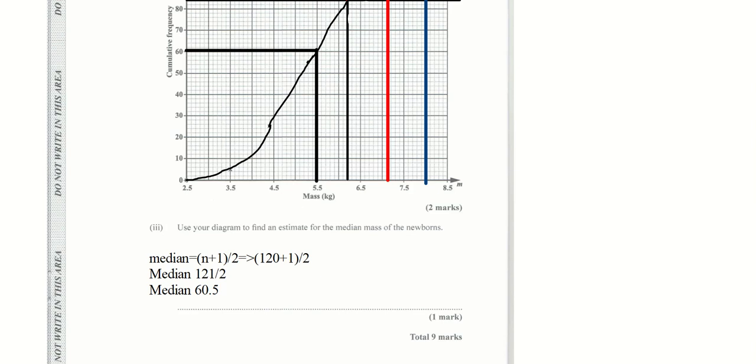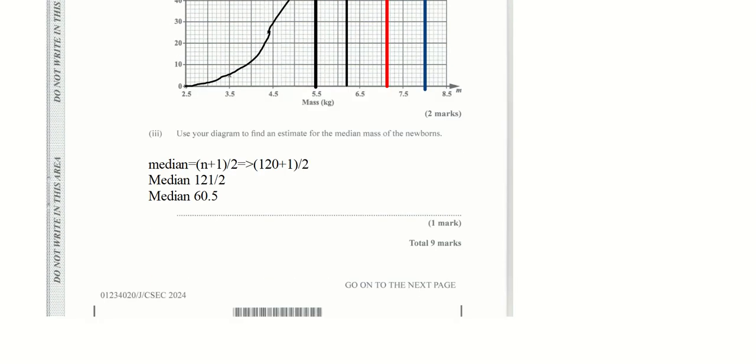So my answer for this would be 5.5. Median mass is equal to 5.5 kilograms, and that would be the answer for this, and that is the end of number 5, 2024.